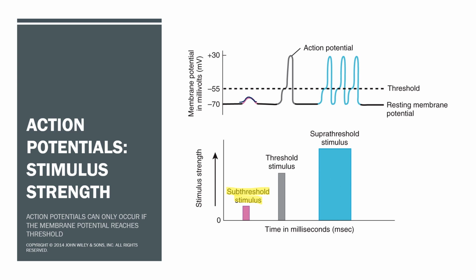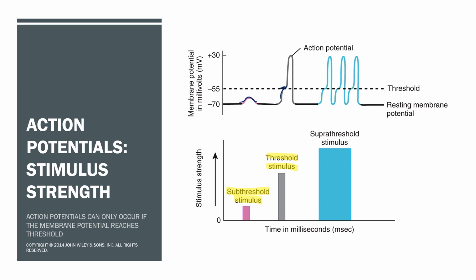This is a very weak depolarization, and it can't bring the membrane to threshold. An action potential will occur in response to a threshold stimulus though. So this is a stimulus that's just strong enough to depolarize the membrane to threshold. So it's just strong enough to get it right up there to negative 55.